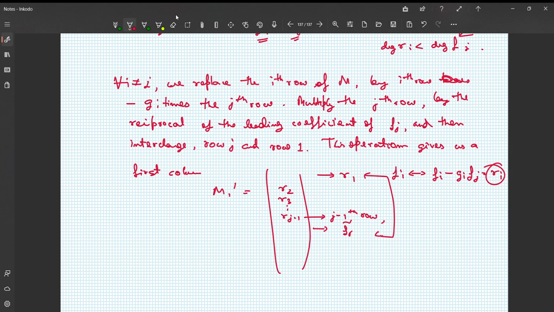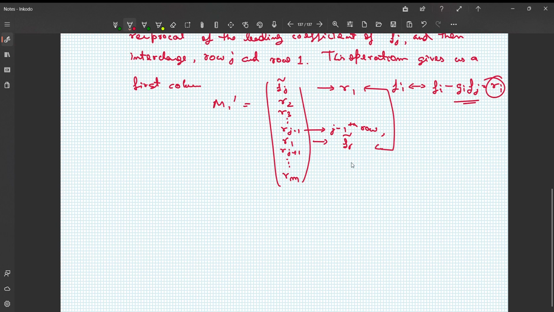But then what do we do? We interchange these two. So after interchanging these two, fj tilde goes to the first row, right? And r1 comes up here. What is the next immediate entry? The j plus 1th row. In the case of the j plus 1th row, we should have rj plus 1, right? And the rest of the pattern continues, right? So the last element you have rm. I guess now it's clear. Okay.